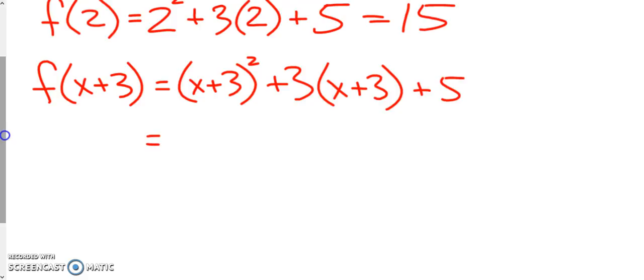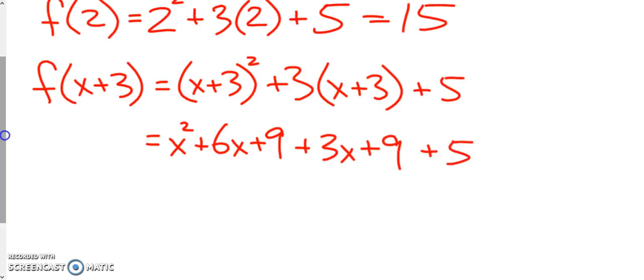Then we would distribute this 3. And then you just combine your like terms. So this would be what? X squared plus 9x plus 23.